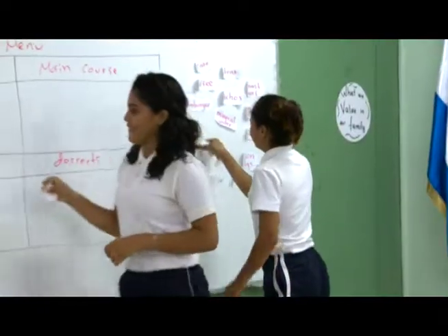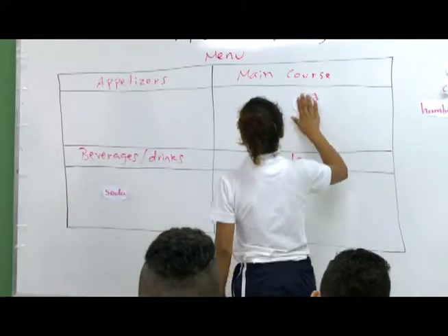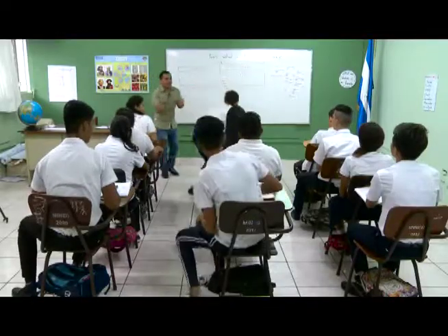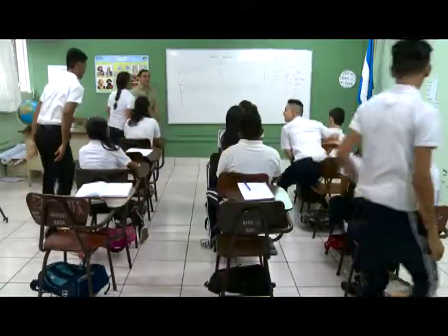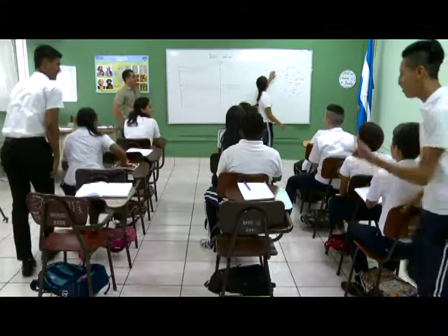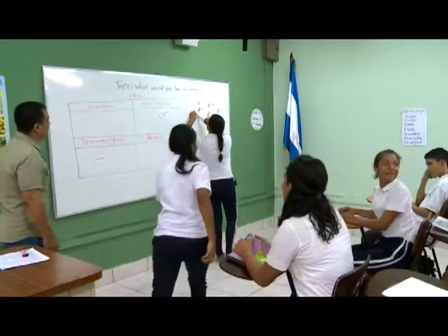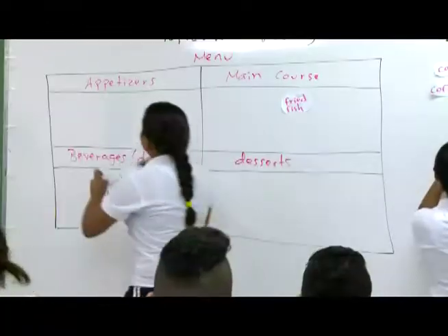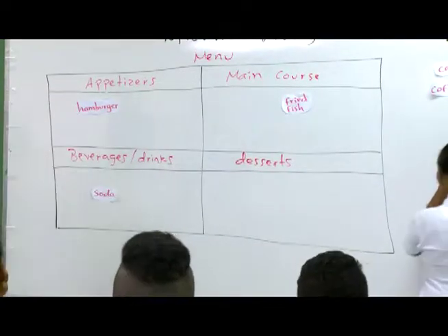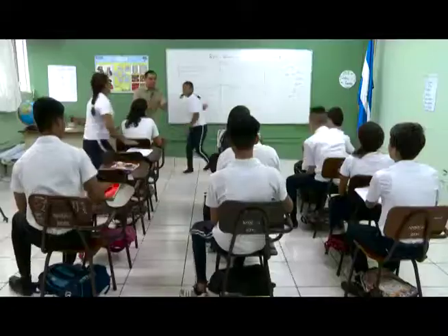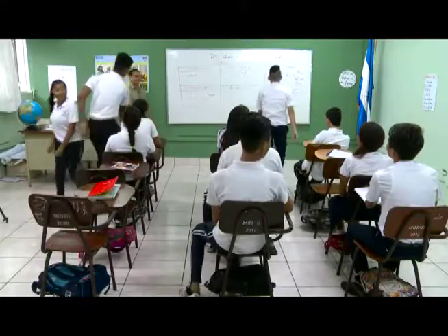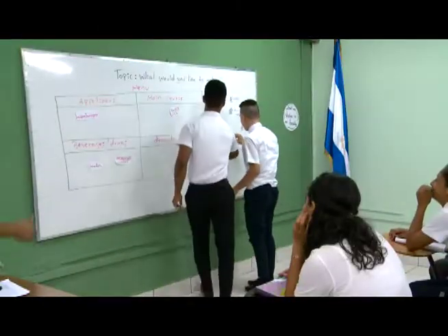1, 2, 3 appetizers. Come on, you gotta do it fast. 1, 2, 3 main course. Run to the board. 1, 2, 3 appetizers. One more time.